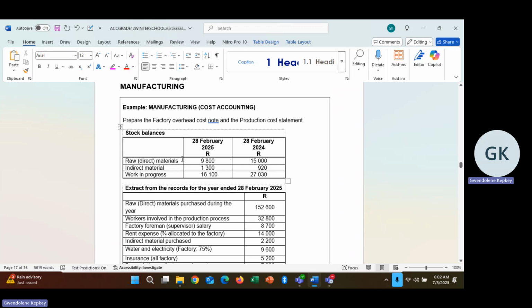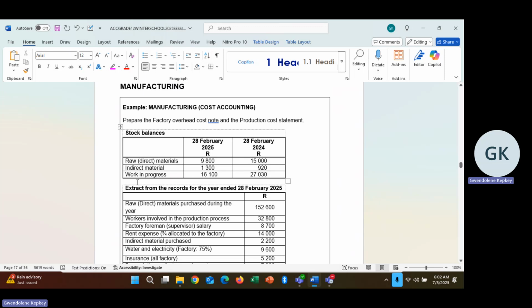I have raw materials, and the amounts are given to me from my previous year and my current year, so this will be the beginning and that will be the end of the year. Indirect materials are costs included in the manufacturing process, and they also form part of the cost of the goods.